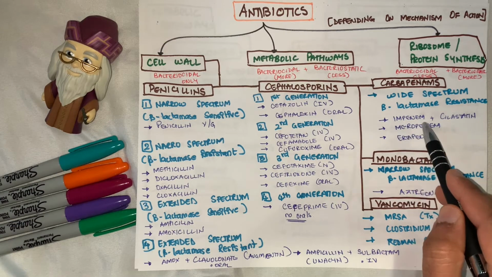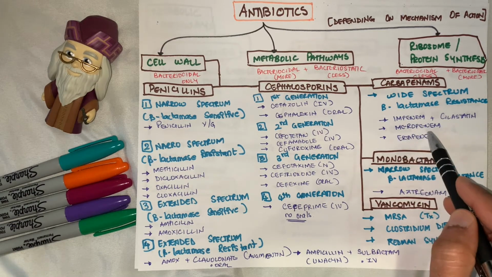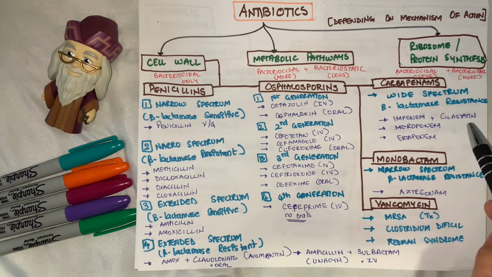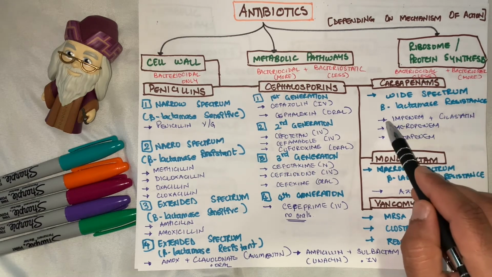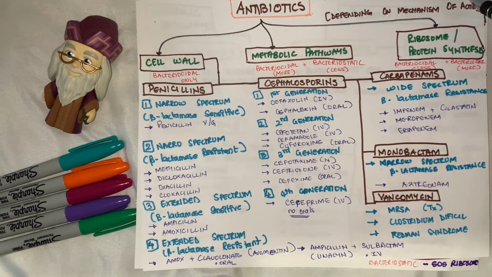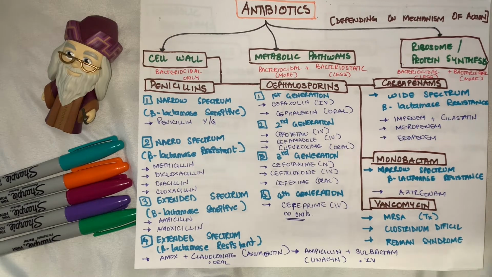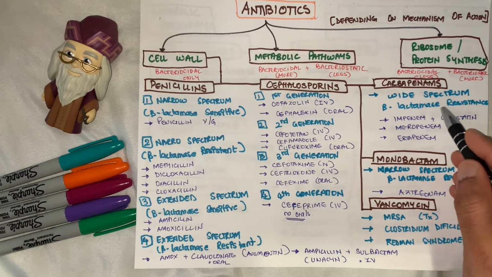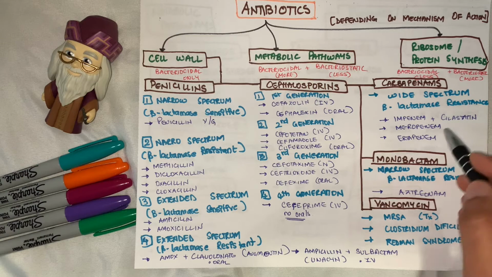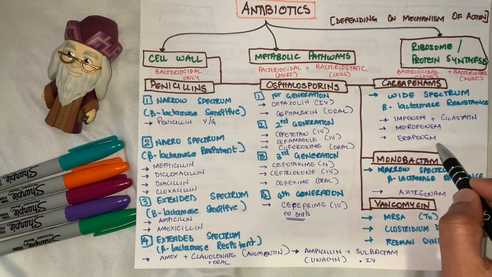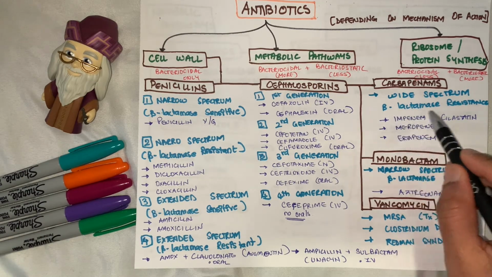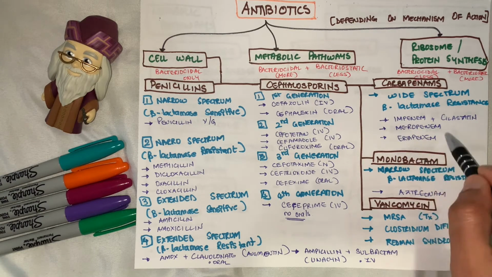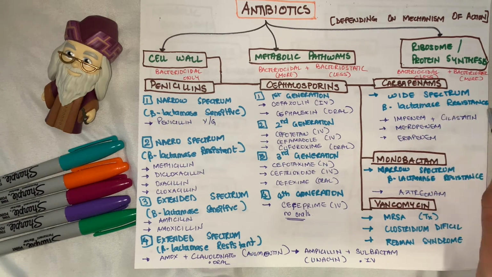Those are imipenem, meropenem, ertapenem. But keep this in mind. Imipenem is the only carbapenem that needs a side chemical structure, but meropenem and ertapenem are entirely beta-lactamase resistant. It does not need any side chemical structure.